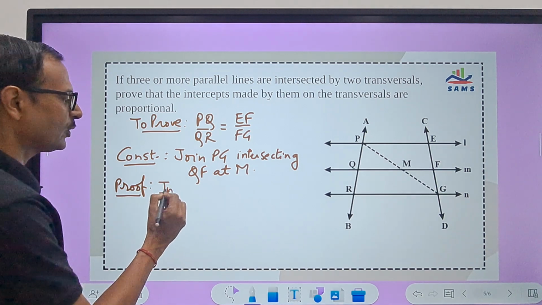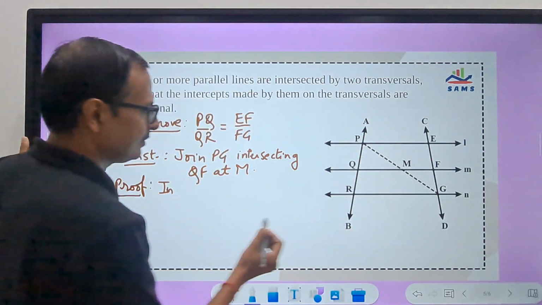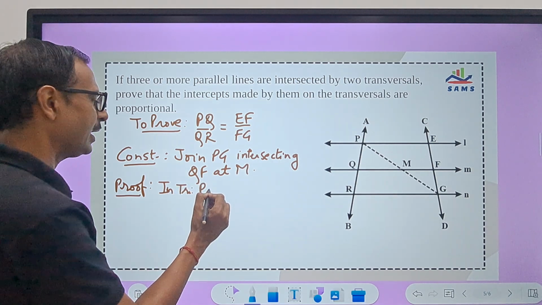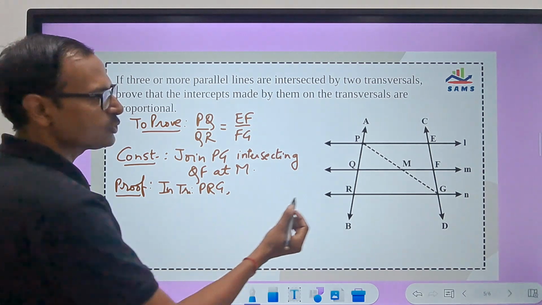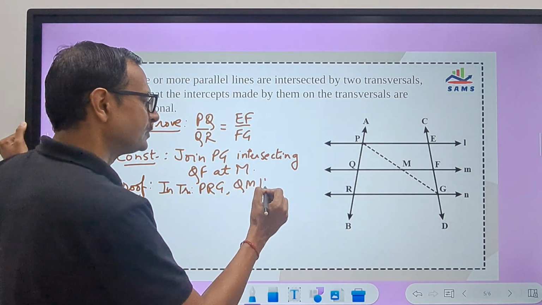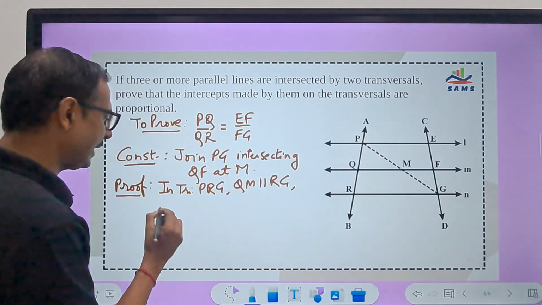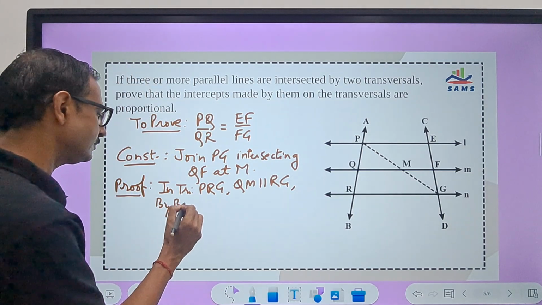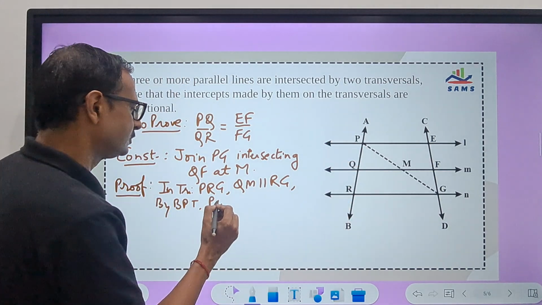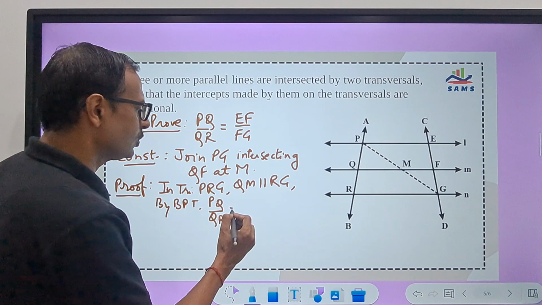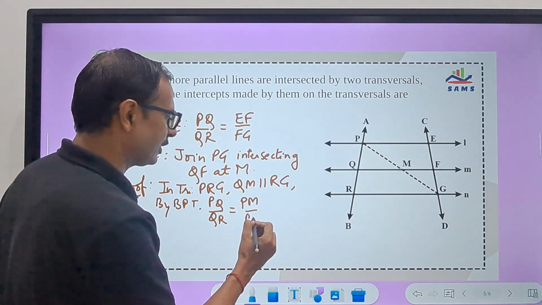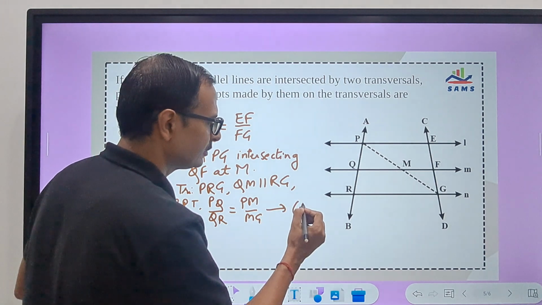So first triangle I am going to use is PRG. In triangle PRG, can you see parallel lines? QM and RG are parallel. So by BPT we will have one result, PQ upon QR is equal to PM upon MG. So we will call this as equation number 1.